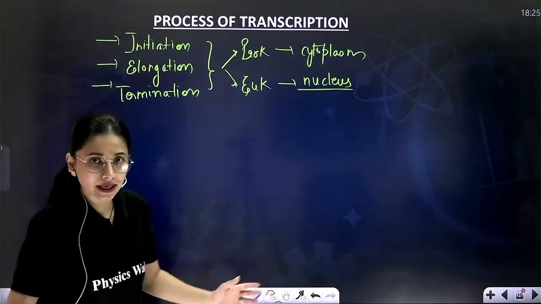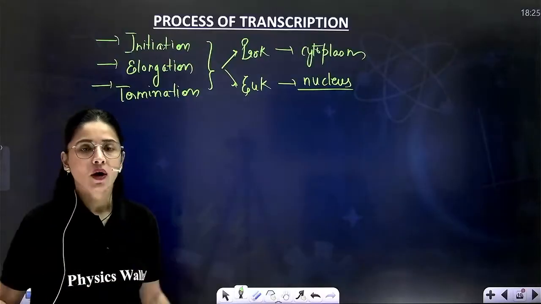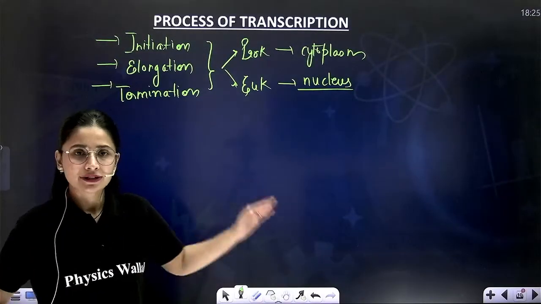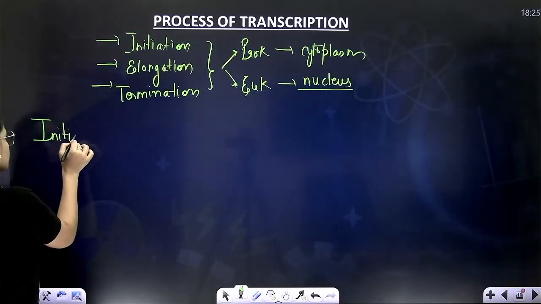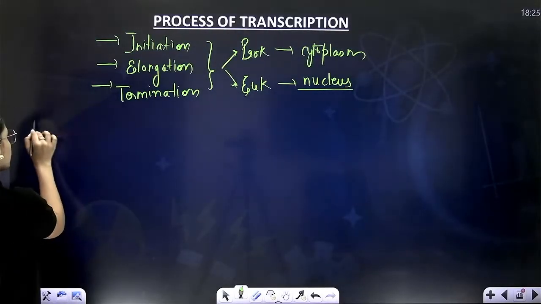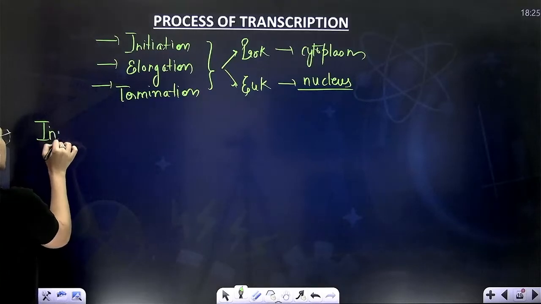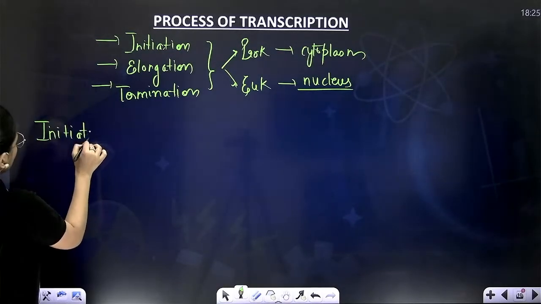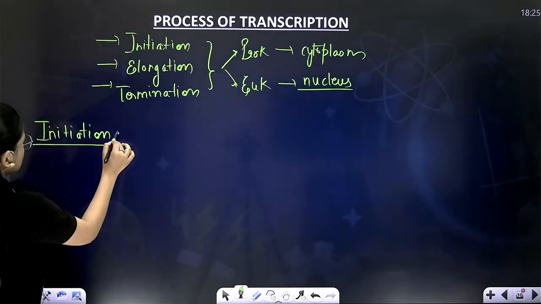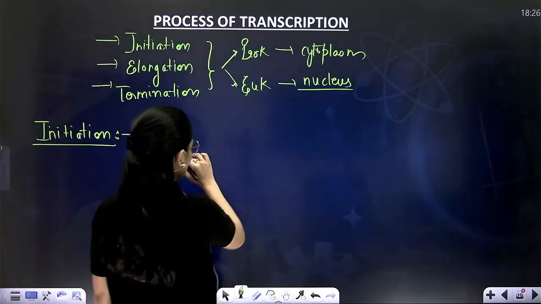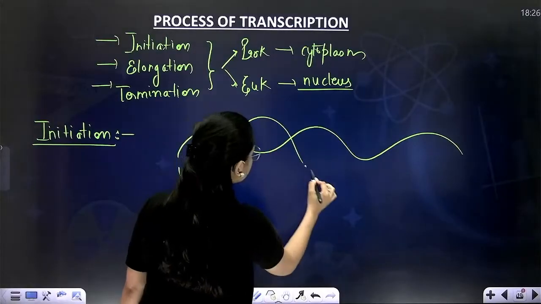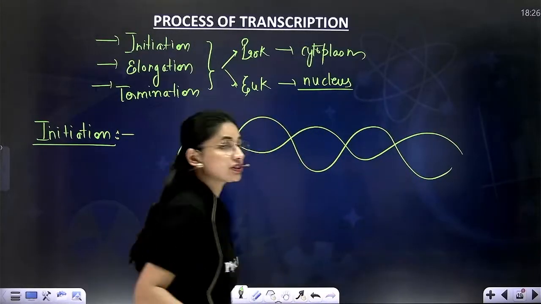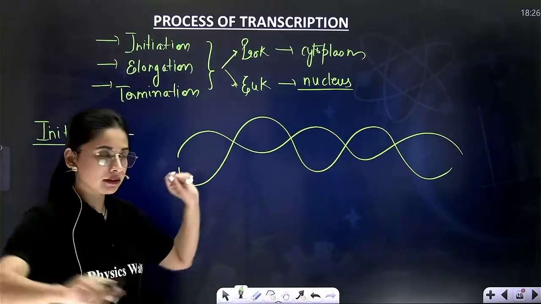Now you know the location, you know the enzyme, you know everything about the transcription unit. So let's start the process of initiation. Okay. Now suppose this is my double-stranded DNA. Both the strands of DNA are helically coiled.